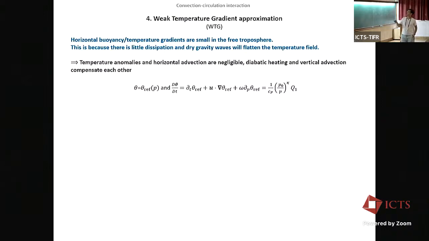So I'm showing here the thermodynamic equation with the local change. And if we have our temperature that follows a reference, because it doesn't change on the horizontal, it changes only on the vertical, then we'll be able to neglect both the local change and the horizontal advection.